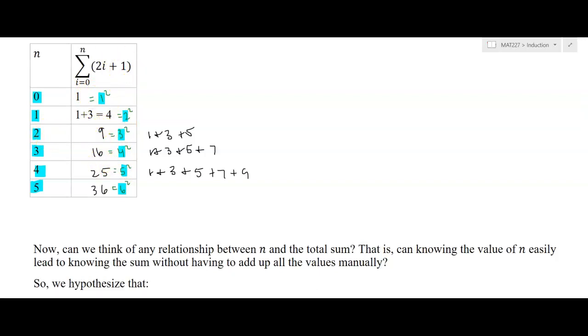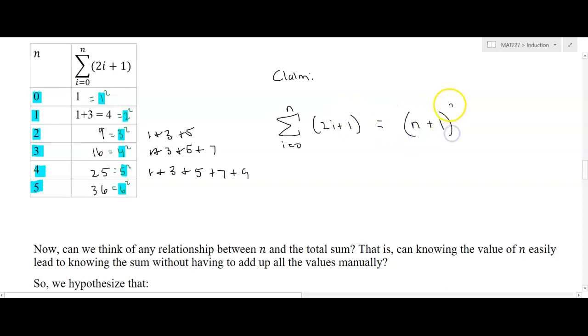So I'm going to make the following claim, that the sum of all odd numbers up to n, a simpler way to calculate this will be n plus 1 squared.